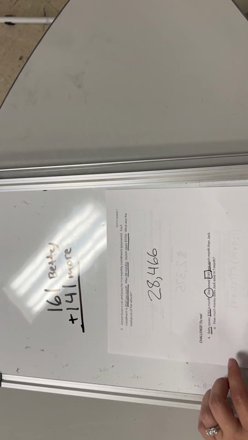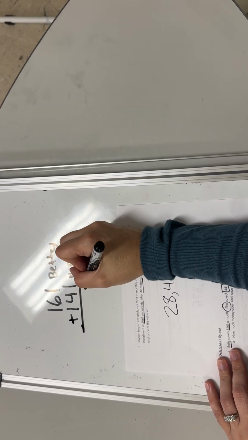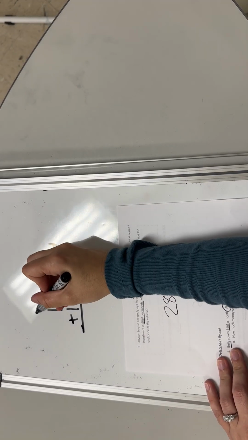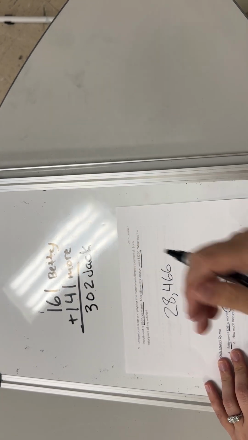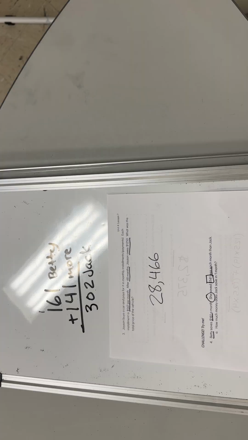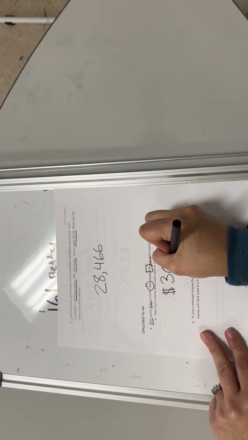I can go ahead and add together these two numbers and it should tell me Jack. All right, so it looks like we've determined that Jack makes $302 in 1 month. I'll go ahead and write that down.